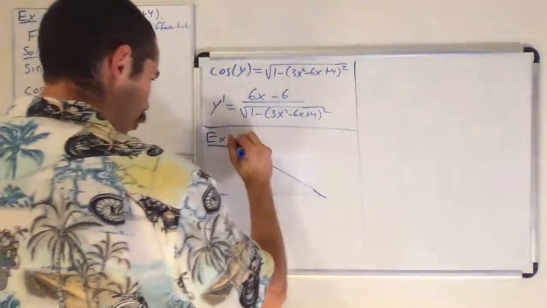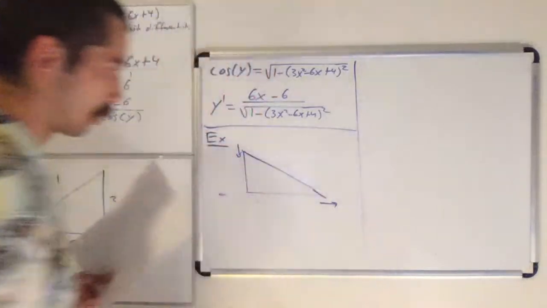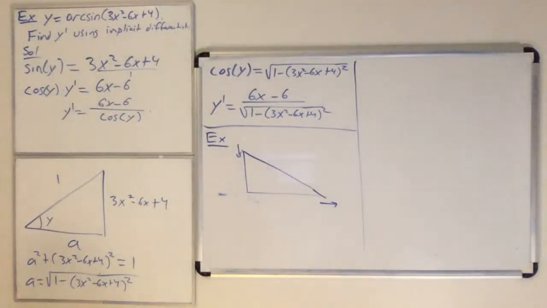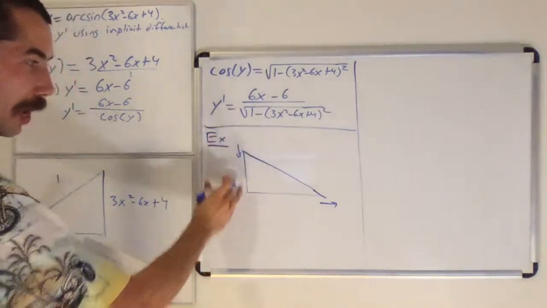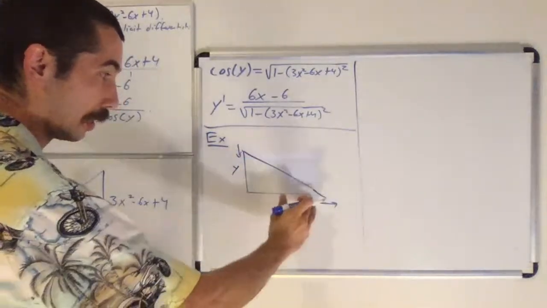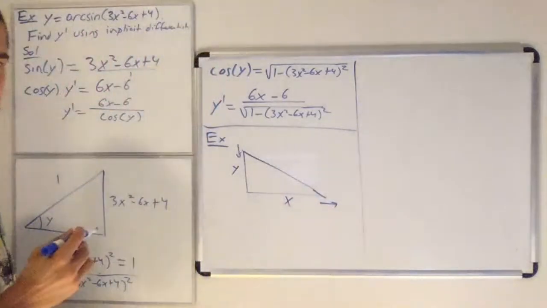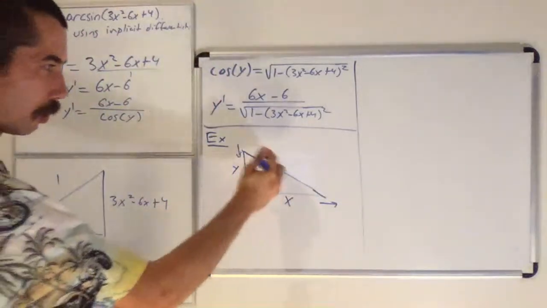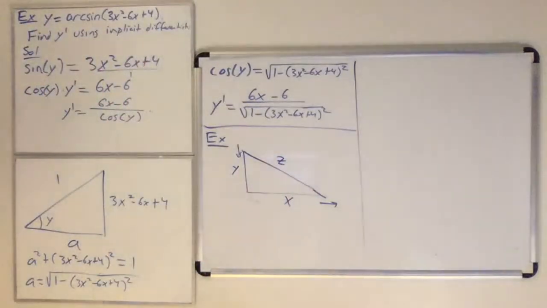It's sliding down, and it's also sliding away. We'll call the height, how far the ladder is up the wall, y. And how far it is from the bottom, we'll call x. And then just to complete the alphabet, we'll call the length of the ladder z.